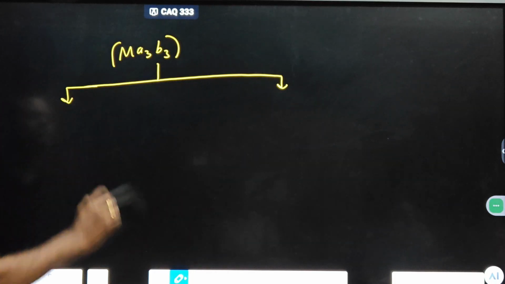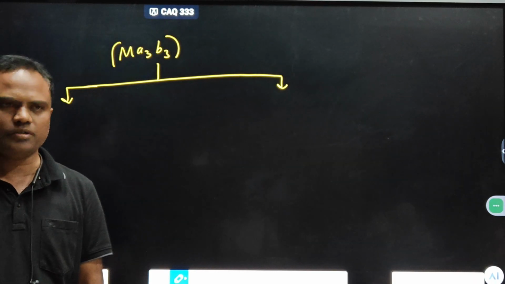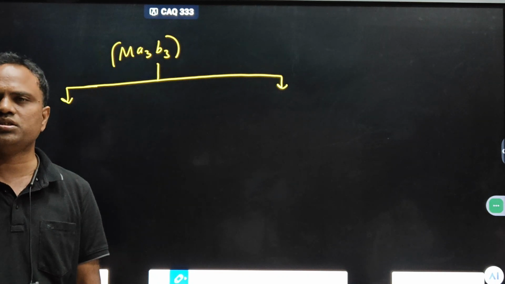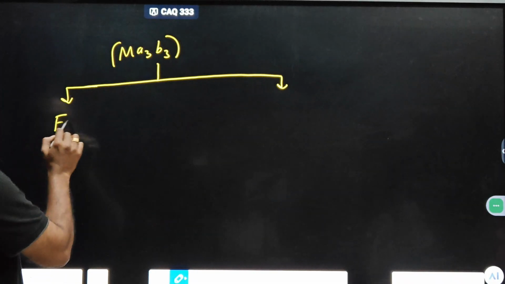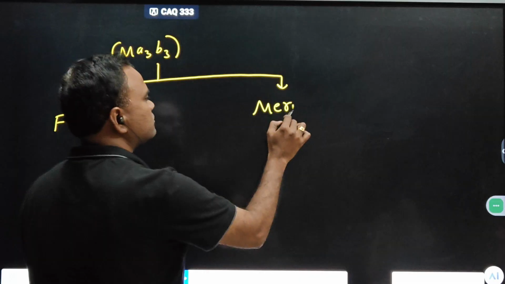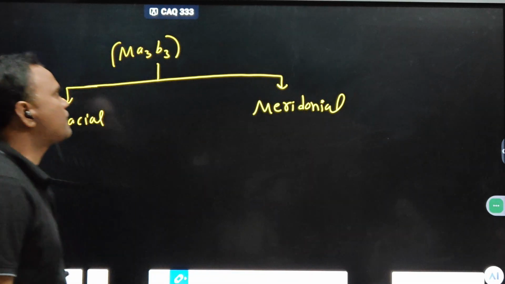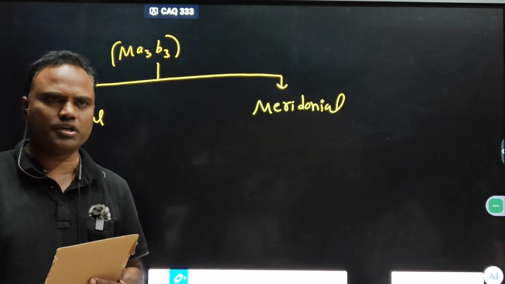The geometrical isomerism exhibited by MA3B3 is called facial and meridional, a type of geometrical isomerism.